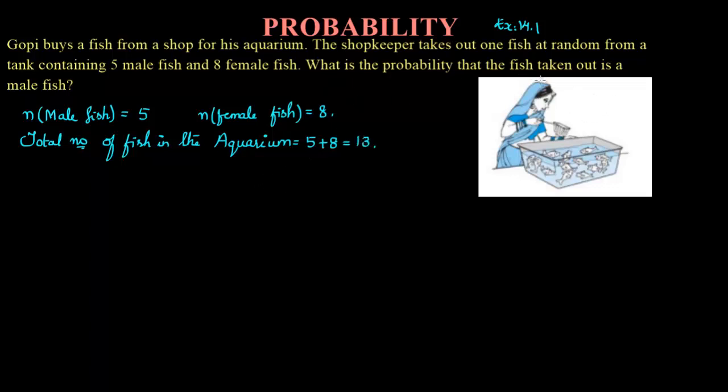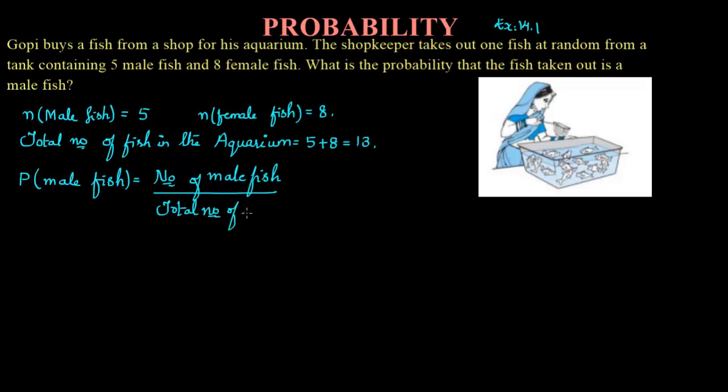Right, so they have asked you to find the probability of taking out a male fish. Before that we will write the formula. Probability of male fish is equal to the number of male fish divided by the total number of fish.